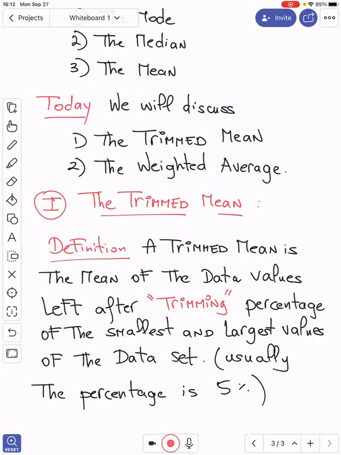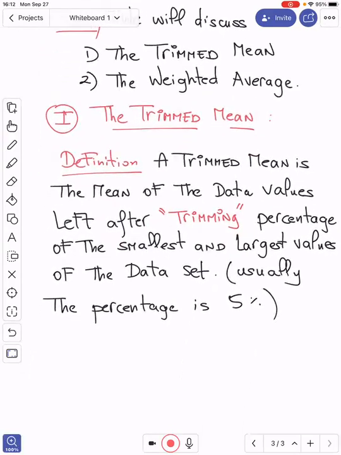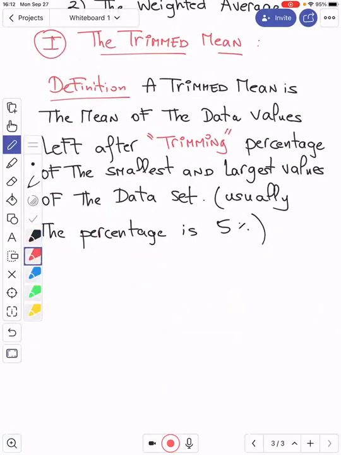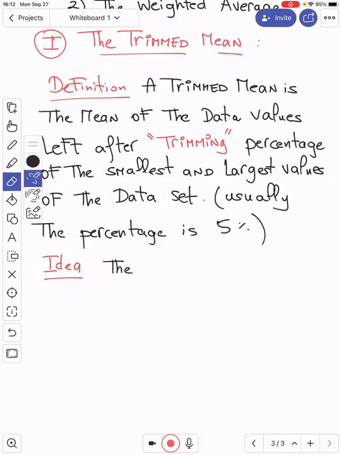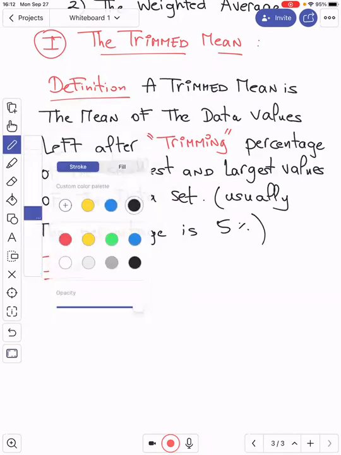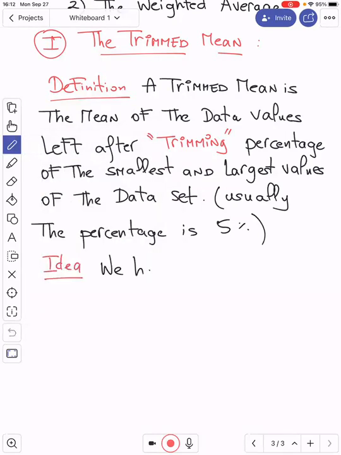All right, before the example, let me explain the idea again, guys. Let's say you have the following data values.